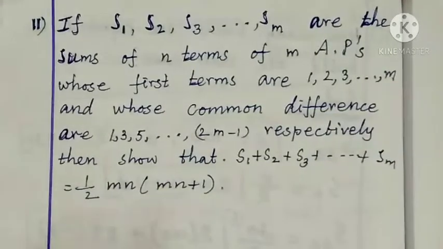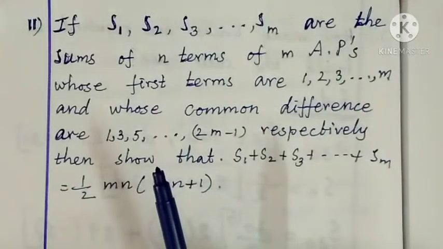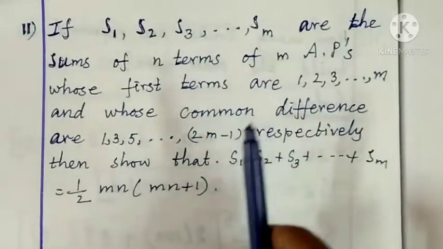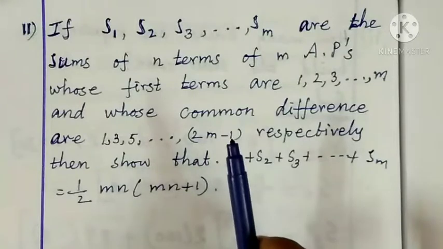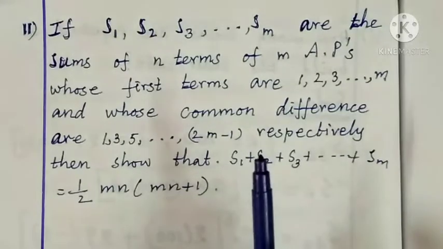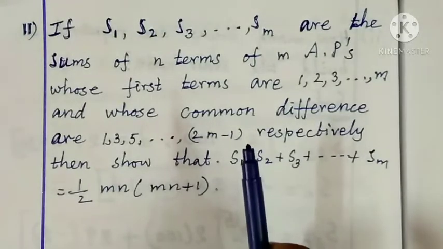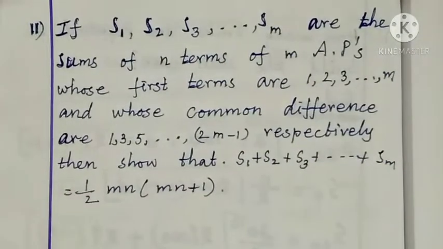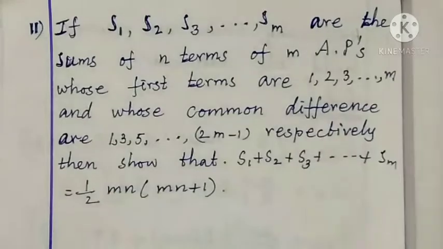In this question, the sum of n terms of an AP is given, and also the first term and common difference of the respective AP are given. Here we have to prove the given term. Let us do the solution.